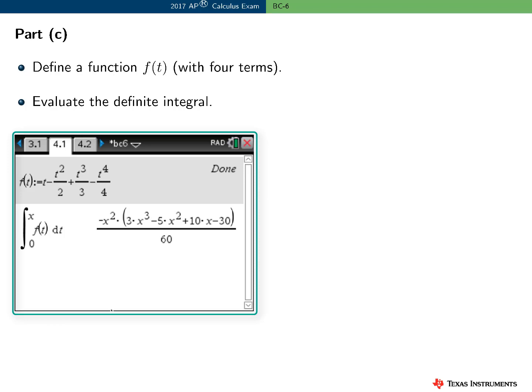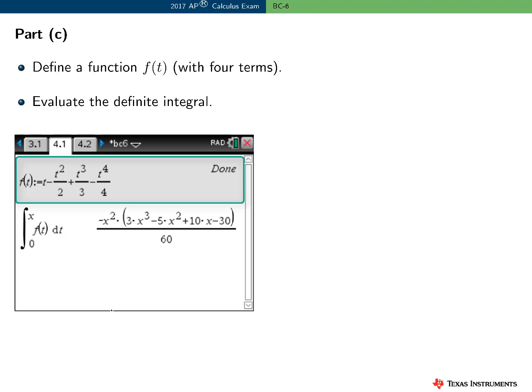In part C of the free response question, I can use technology to find the first 4 terms of the Maclaurin series for G. On a TI-Nspire calculator page, I defined a function f, which is the first 4 terms of the Maclaurin series for the function f in the free response question.